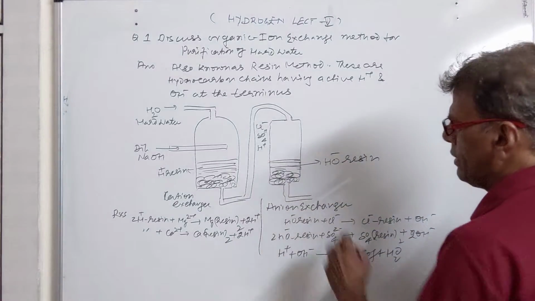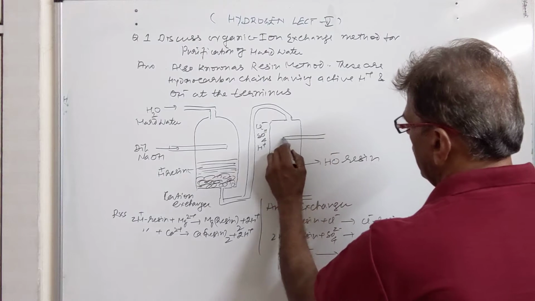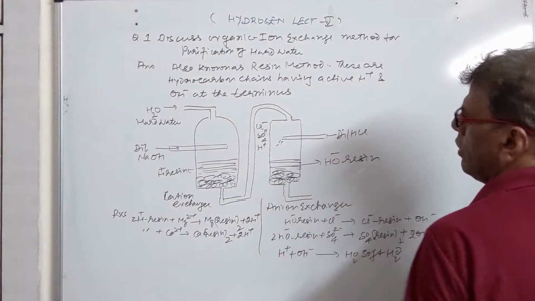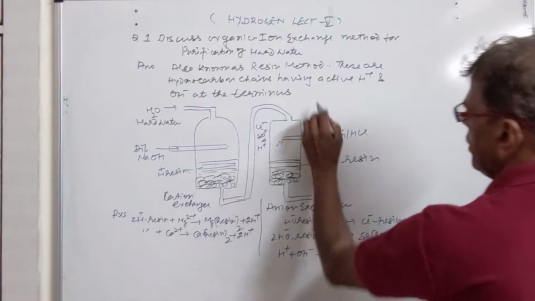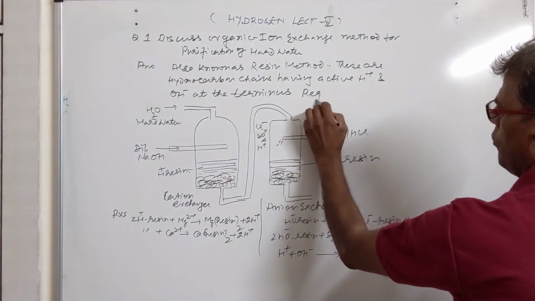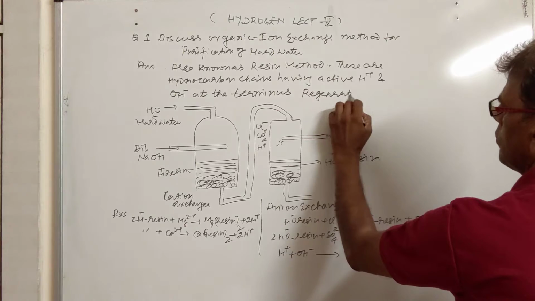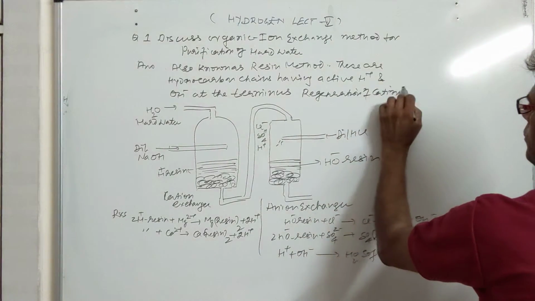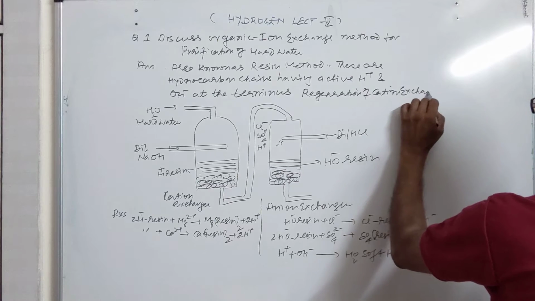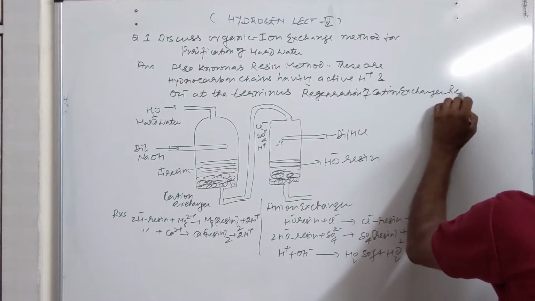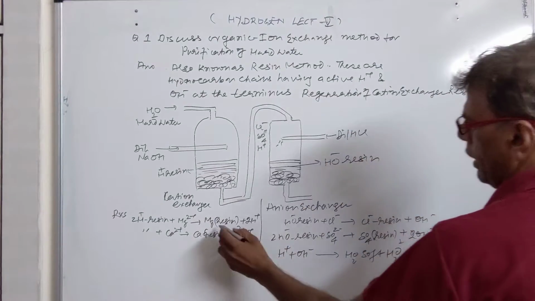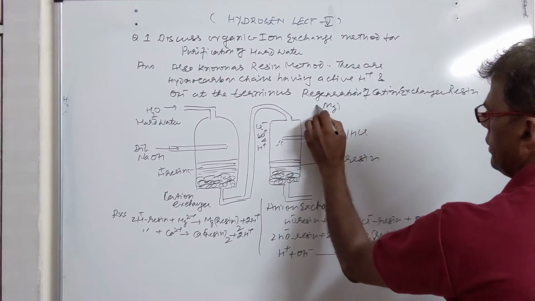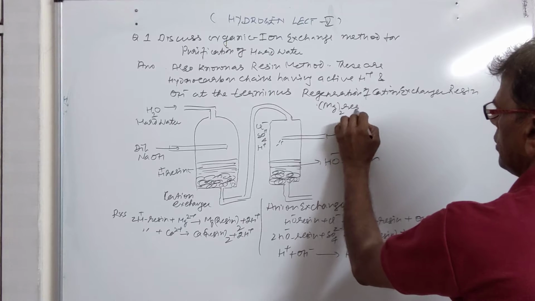Now for regeneration of the resin, from here we add dilute HCl. First, regeneration of the cation exchanger. The cation exchanger resin has changed into Mg twice resin.